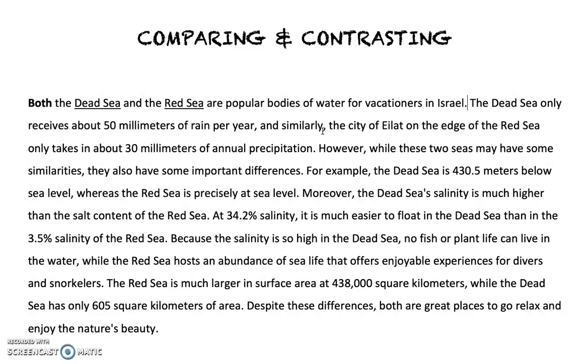So in this sentence, the word similarly is used. Similarly means that the two places, the seas, the Dead Sea and the Red Sea, have something that's the same. So it's saying that both the Dead Sea and the Red Sea don't get very much rain.